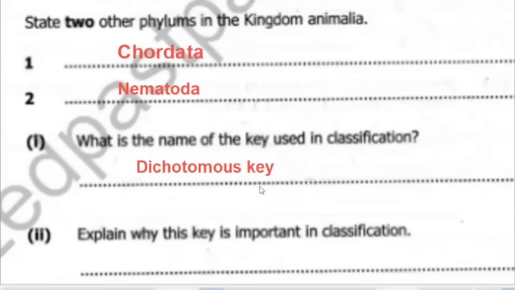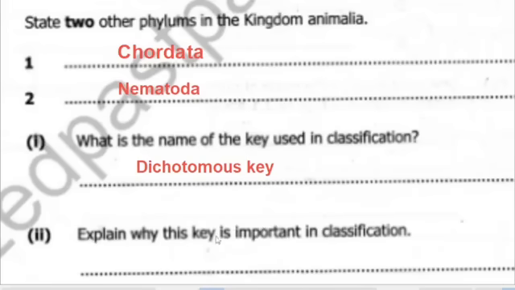We now move on to our question C2. Question C2 is right here. Explain why this key is important in classification. They want you to explain why this key is important in the classification of organisms. This key is important because it helps in identification of specific organisms.